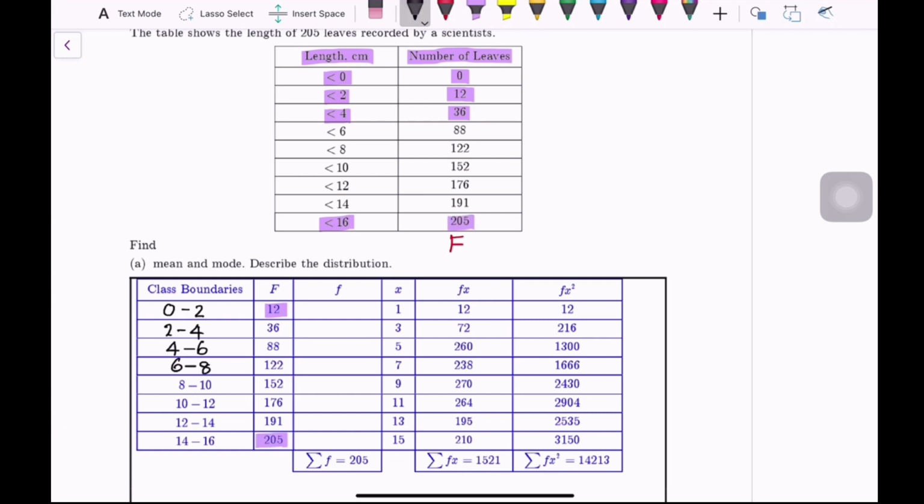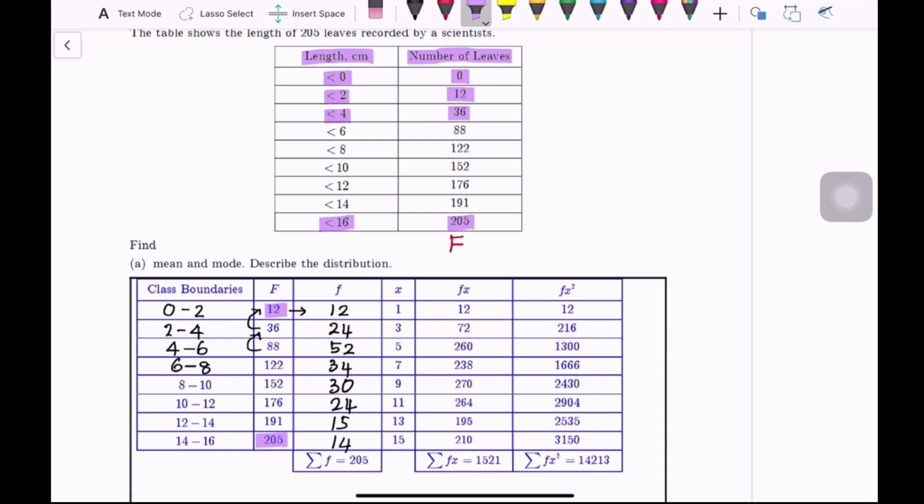To find the frequency, the first frequency is 12. For the next, we subtract 36 and 12, we get 24. And then 88 minus 36 is equal to 52. We do the same way and then we get the frequencies 34, 30, 24, 15, and 14.